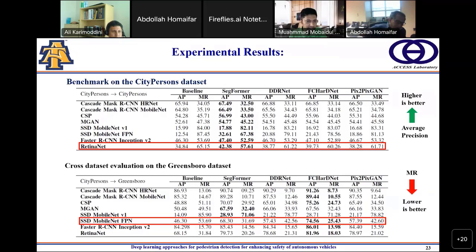Average precision is 90.74, Professor. If you look here, Cascade Mask RCNN with SegFormer, the first column, it shows an average precision of 90.74 on the Greensboro dataset. So it varies on the different scenario. Let's hear the question first. Yeah, answer the question, Islam.